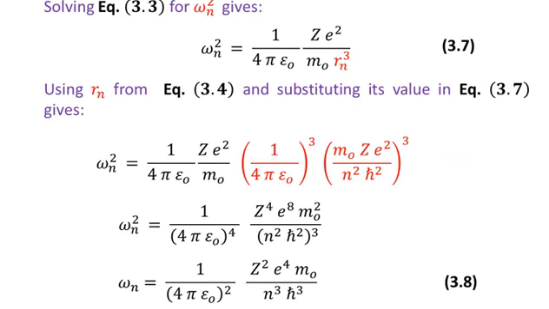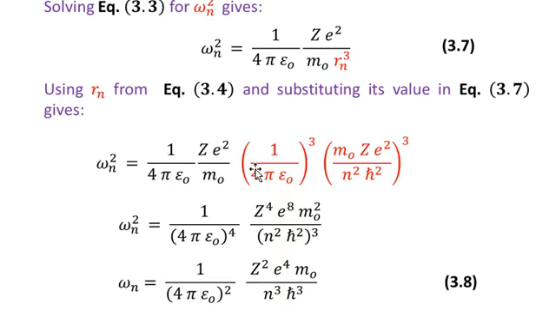So using the value of Rn from equation number 3.4 and substituting it in equation number 3.7 gives the following. You see that I have labeled the Rn value in red, so that we can substitute it over there.